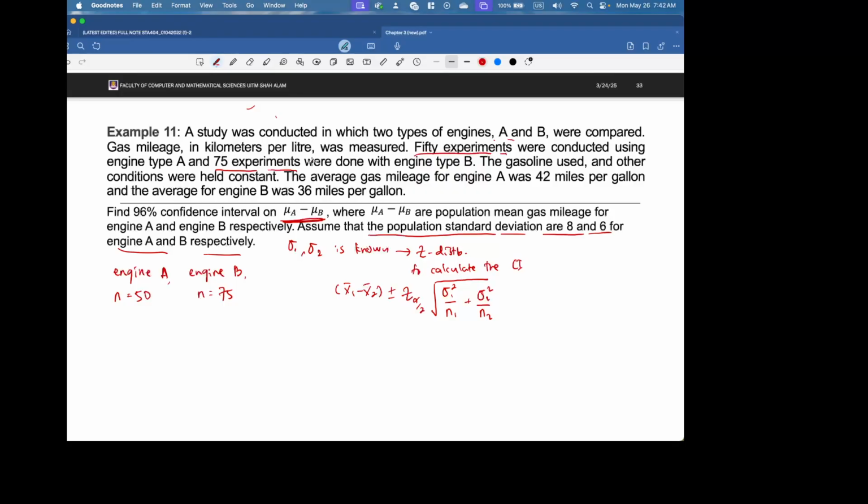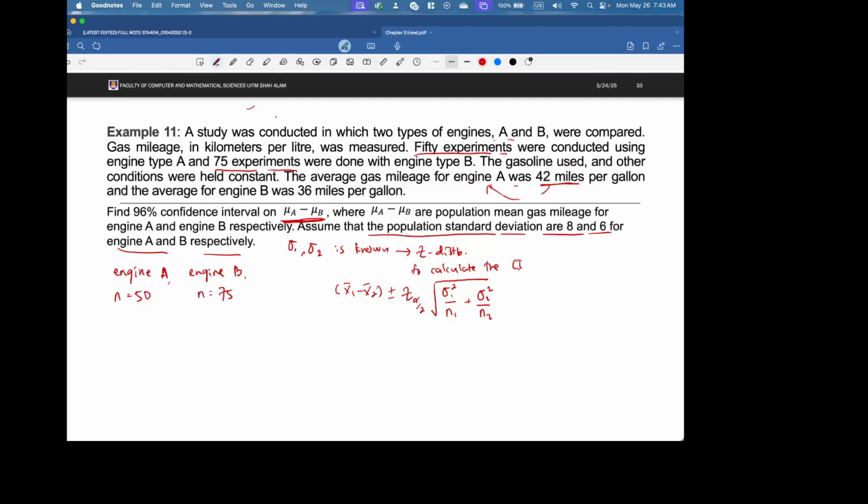Next, what information is given to us? The gasoline used and other conditions are held constant. The average gas mileage for engine A was 42 miles. It means that this 42 is from engine A, based on this observation of n equals 50.